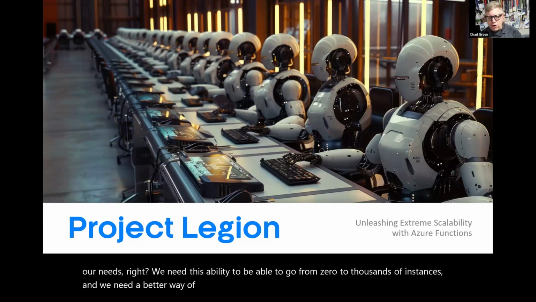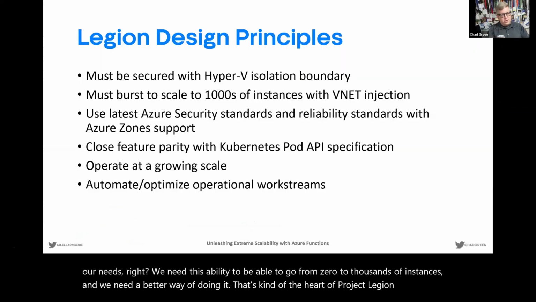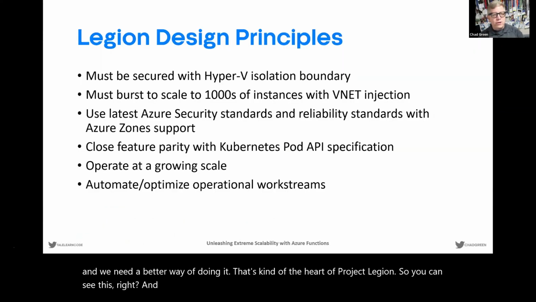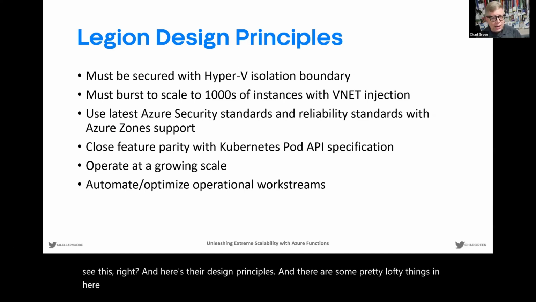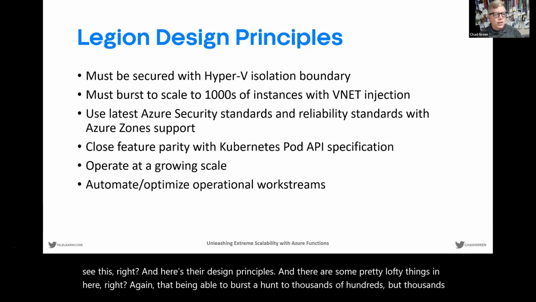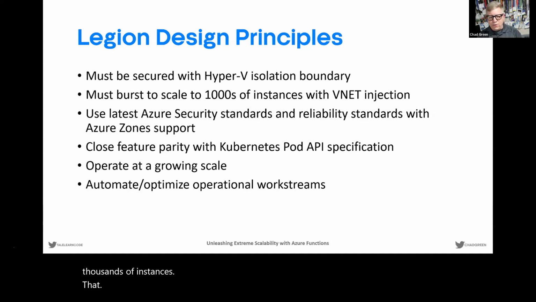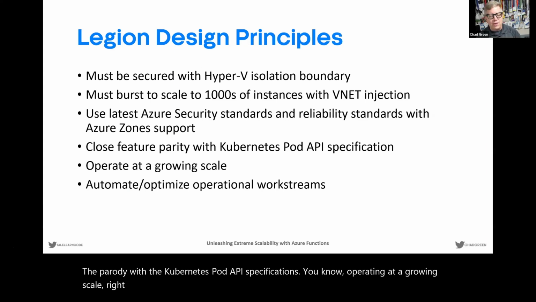That's the heart of Project Legion. Here are their design principles, and there are some pretty lofty things in here. Again, being able to burst to thousands of instances, not hundreds, but thousands. Parity with the Kubernetes pod API specifications, operating at a growing scale. Lots of big things that really make a difference.